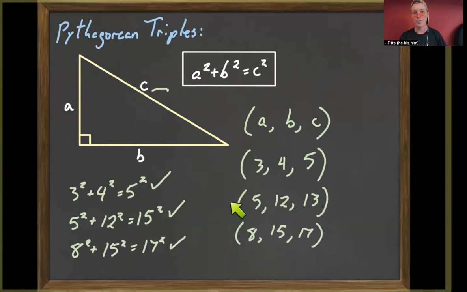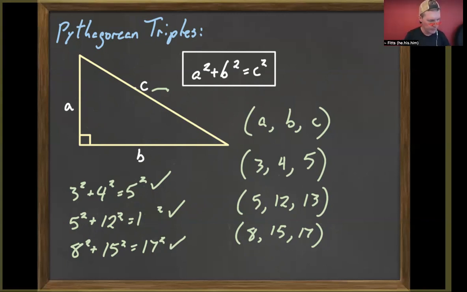Here are some other triples that show up a lot: 5, 12, and 13. 5 squared is 25, 12 squared is 144. 25 plus 144 is, what is that? Oh, I miswrote here, that's 13 squared. Let me fix that.